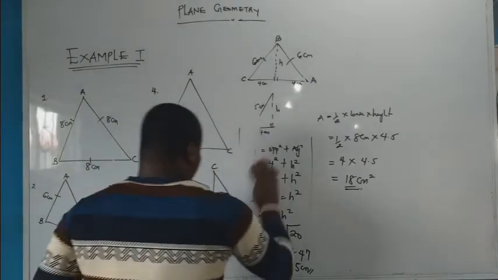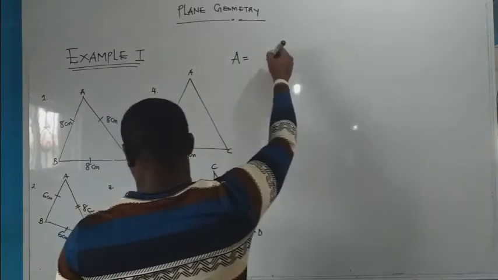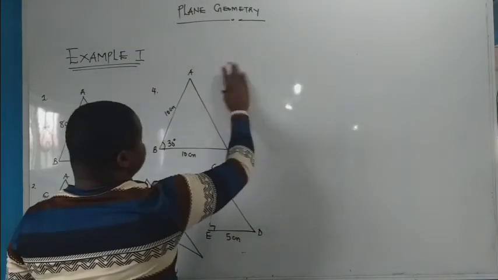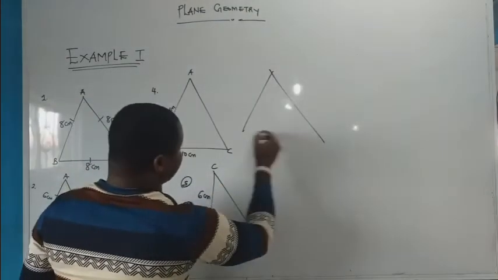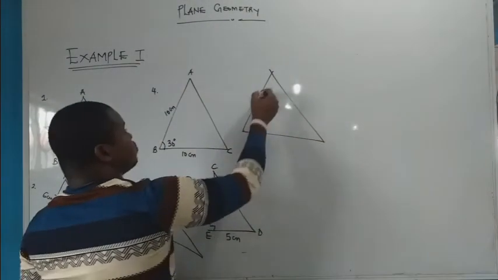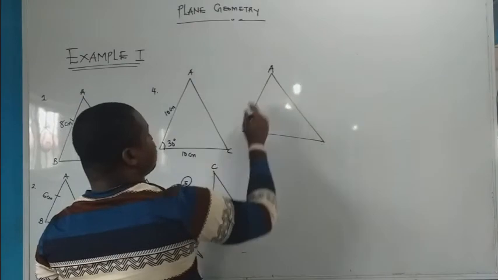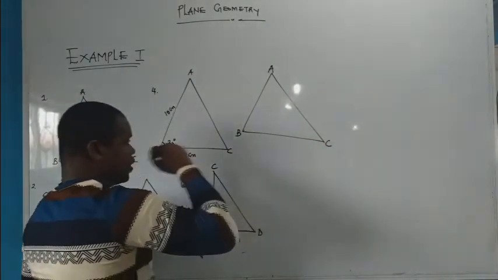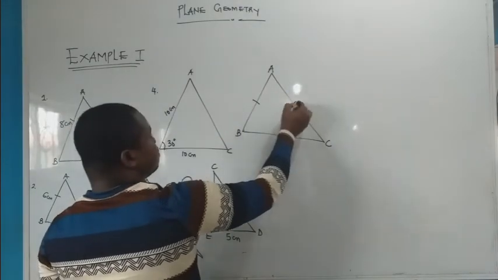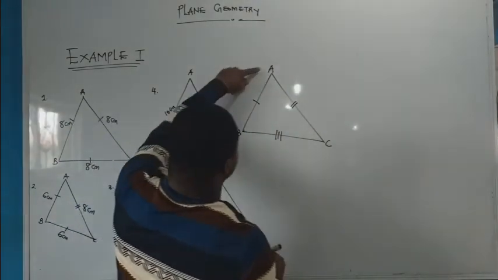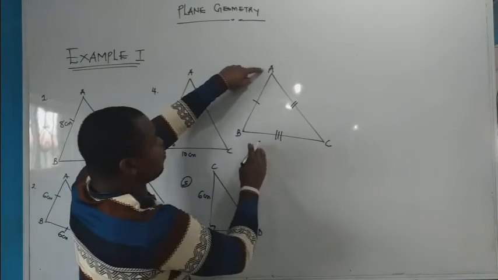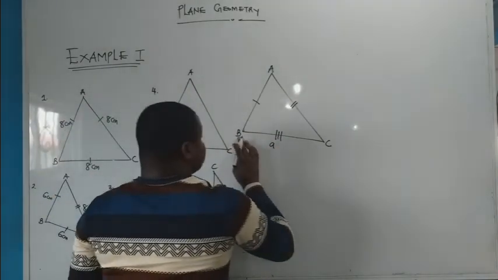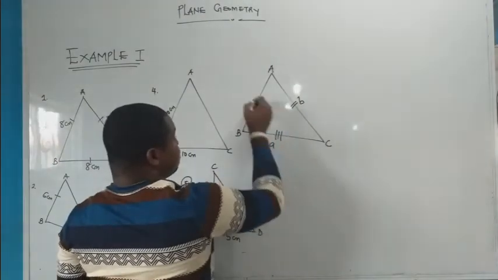So, how do we apply that one? Let me put it this way. If we have a triangle like this, we have this point A, this point B, and this point C. The side facing point A is called A, the side facing point B is called small b, and here is c.